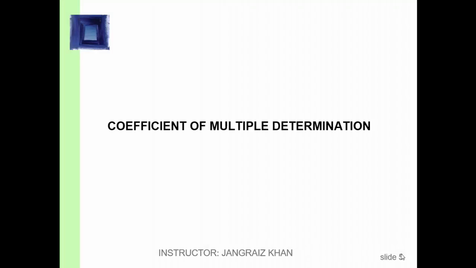After discussing the derivation of the coefficients of the multiple regression line, the next topic is how to calculate the coefficient of multiple determination. The calculation is important because it tells us the variation in the dependent variable y which is caused by the explanatory variables x1 and x2 in this case.